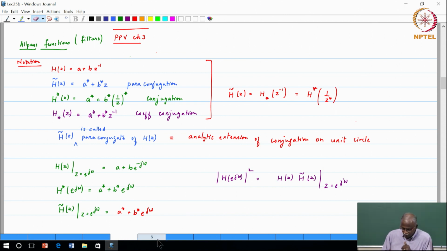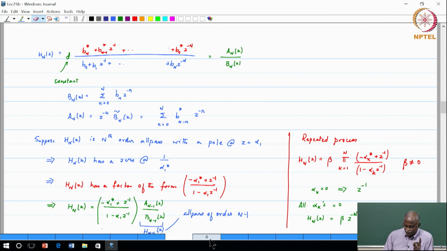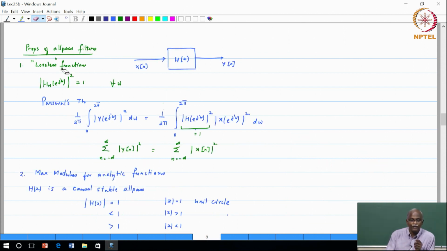There were 3 properties of all pass functions which we were trying to prove. The first one, let me just jump ahead, is that all pass functions are lossless, in terms of the energy of the input signal being preserved at the output.